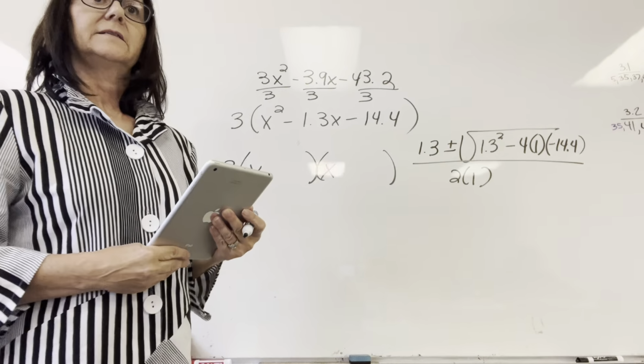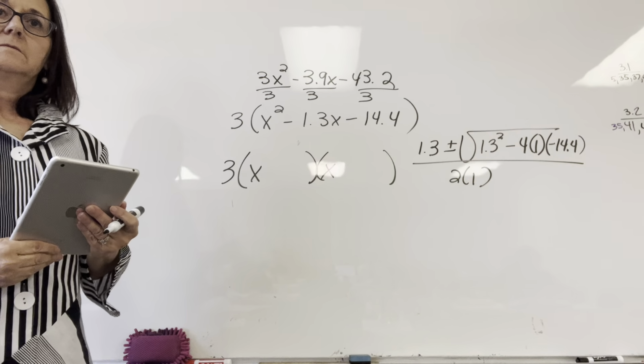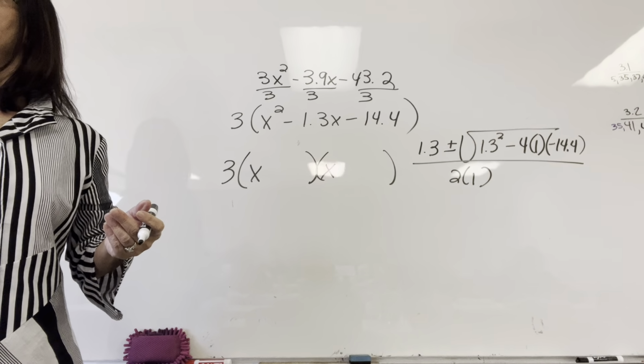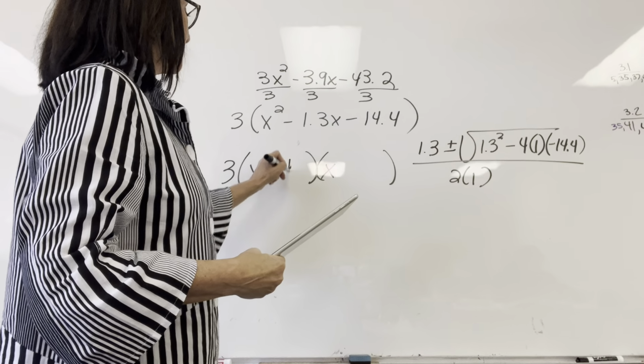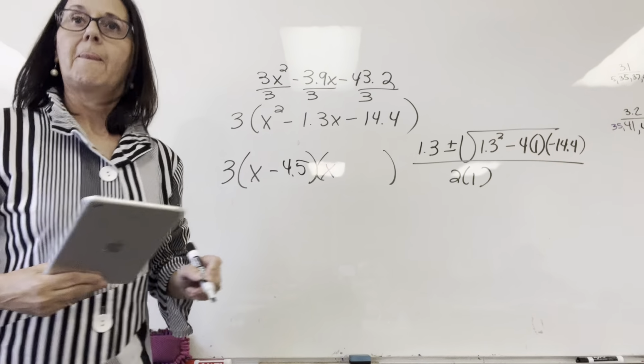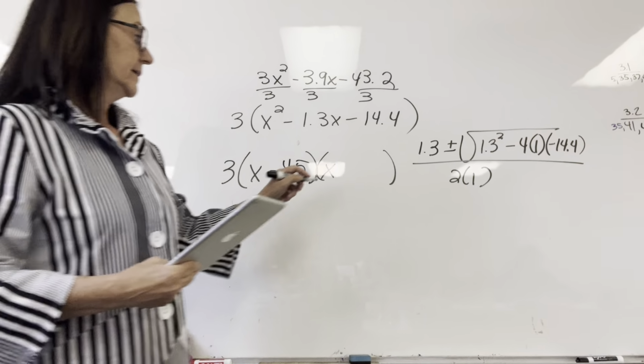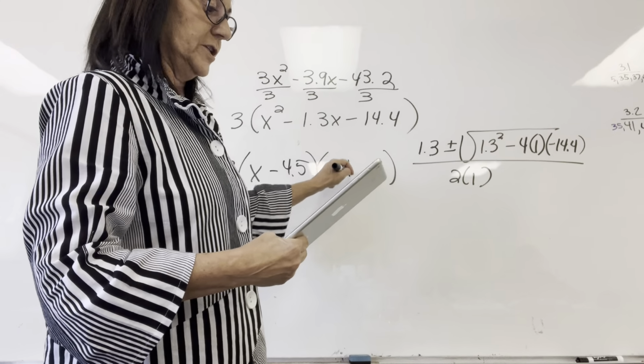What's the plus? Plus is 4.5. Positive or negative? Positive. That is correct. The subtraction is negative 6.4, so that'd be minus a negative, which is plus.